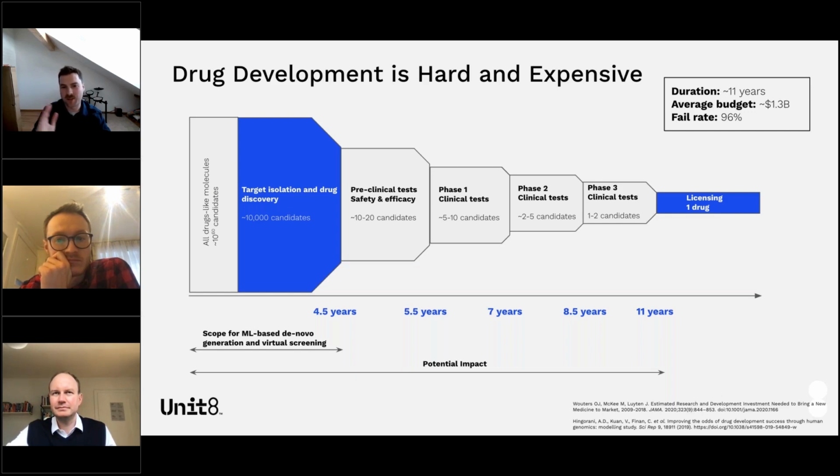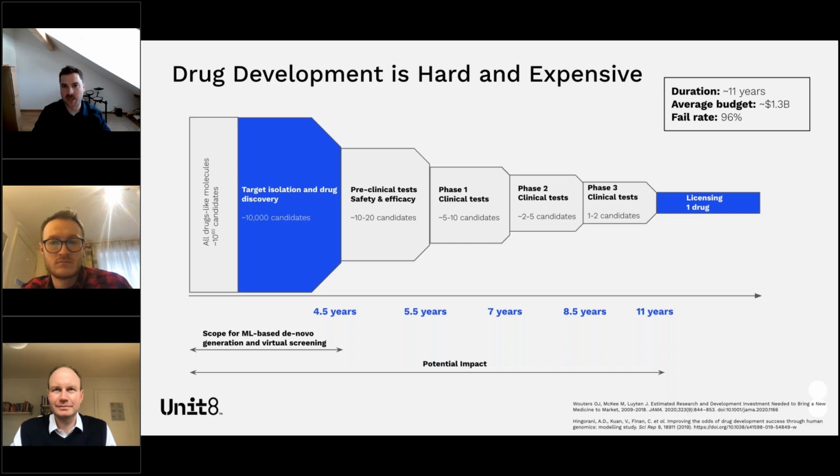The following stages are more about testing and making sure that this molecule, in addition to being efficient on the disease, also doesn't kill people, for example. Machine learning could also help in parts of there, but it's a little bit less active at least today.